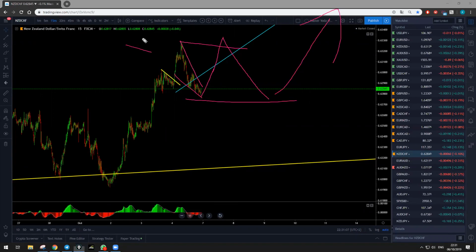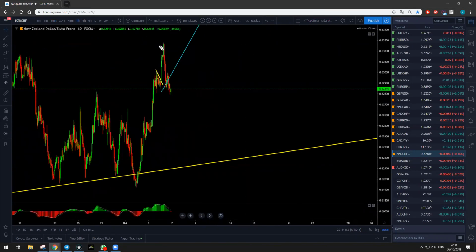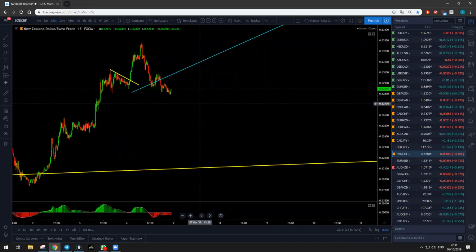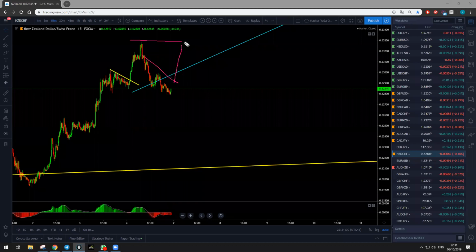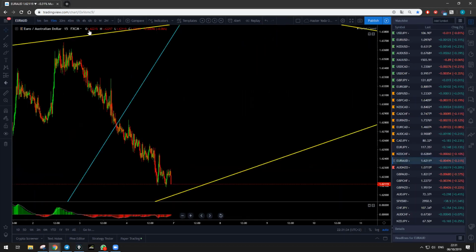It can move sideways for at least a week, and then it will continue to the upside. Like I said, if you take that buy, be careful around the previous top, move to break even, and watch how it behaves. Okay, Euro Aussie.